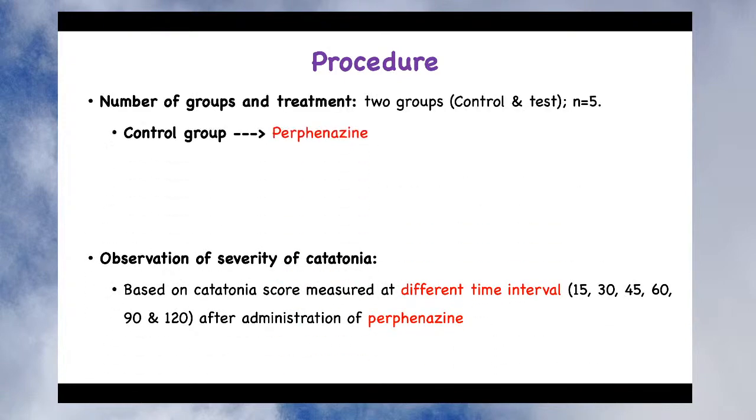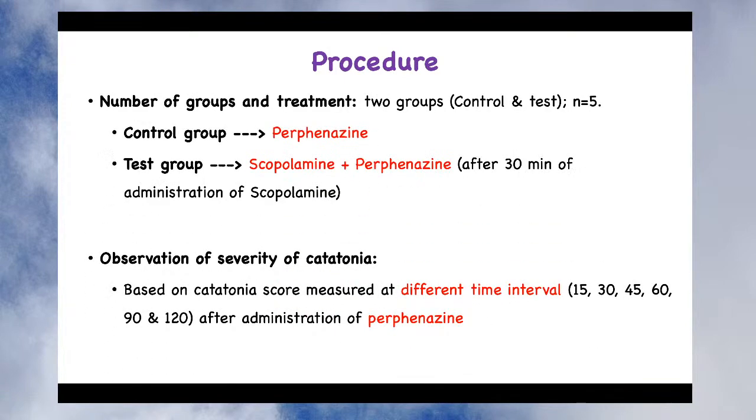Now let's go to the procedure. To perform this experiment, the first important thing is the number of groups and the treatment. Do remember that you need to select two groups. The first group is the control and the second group is the test. In both groups, each group has n equal to 5.